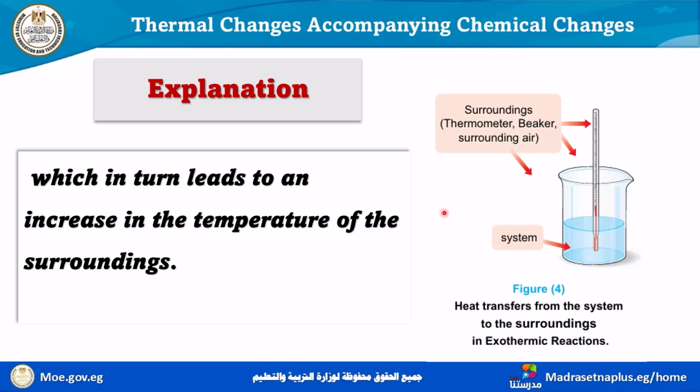What are the surroundings in this reaction? The surroundings are the thermometer, the beaker in which the reaction takes place, and of course the surrounding air. And this system in this case is an open system, not an isolated system.